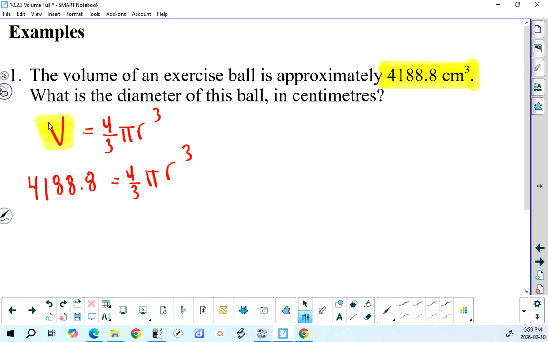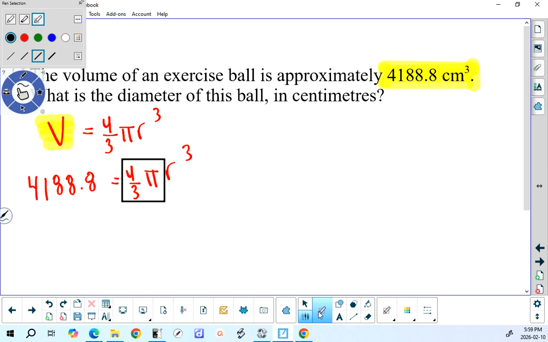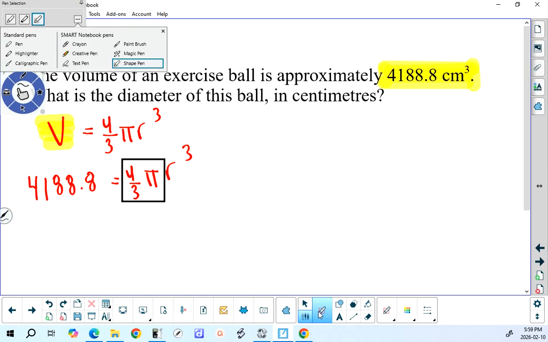Now remember, when you are using a formula to solve for a variable, r is a variable, we're trying to solve for it. You do the substitution, which we have, and then you simplify it. Well, there is a simpler way to write 4/3 pi.